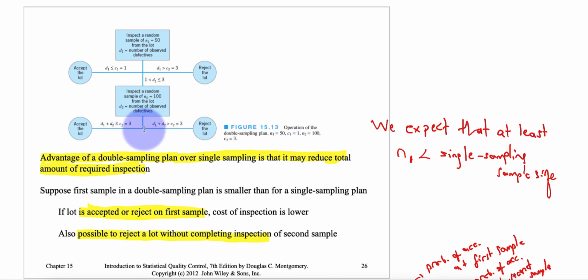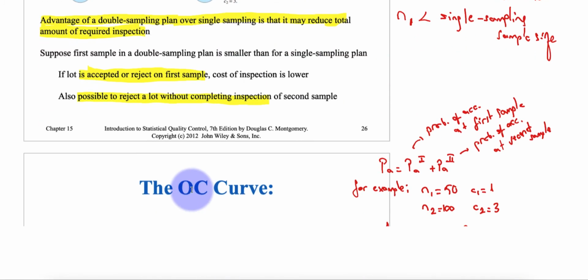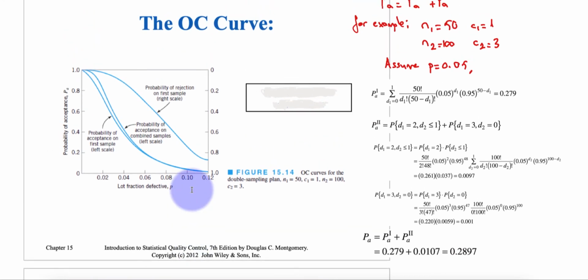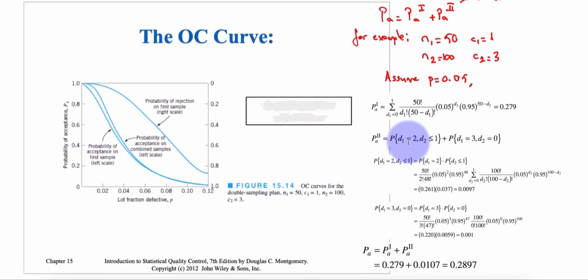But we are calculating the probability of acceptance, so D2 must be 0 when D1 is 3. So this is the second case. How are we going to calculate them? These are intersection probabilities, but the events are independent, so we multiply the probabilities directly.